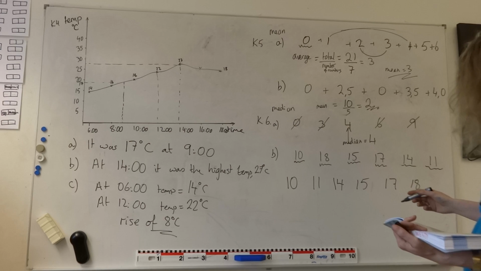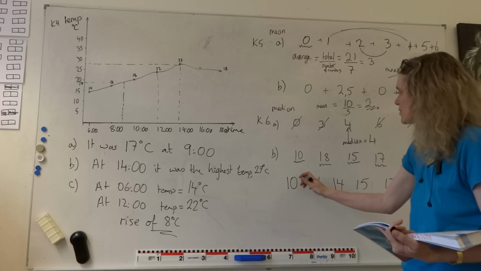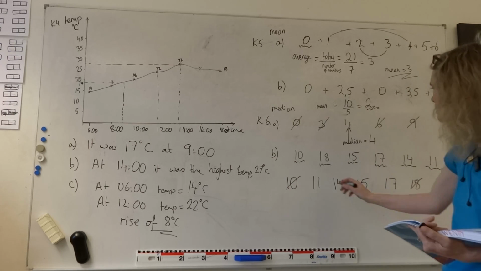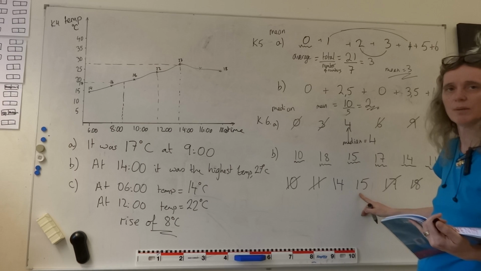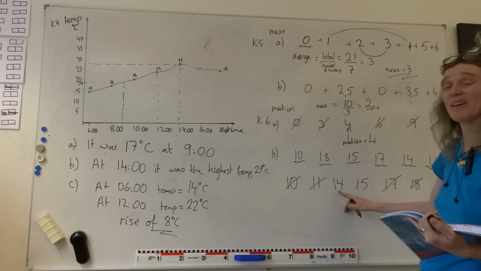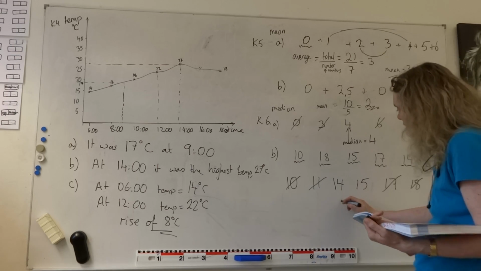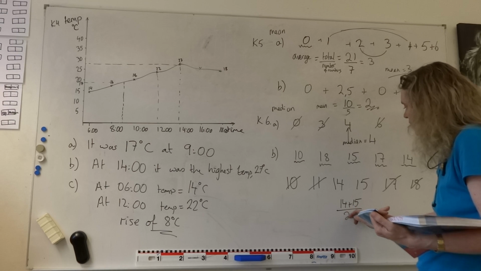To take the median, we now have all our numbers in size order, so now we can cancel the smallest against the largest, because the median is just taking the middle number. We have 2 numbers here in the middle. So how do we get the median when we have 2 numbers in the middle? We take both of those numbers, add them together and divide by 2.